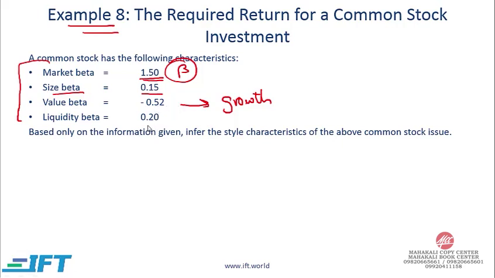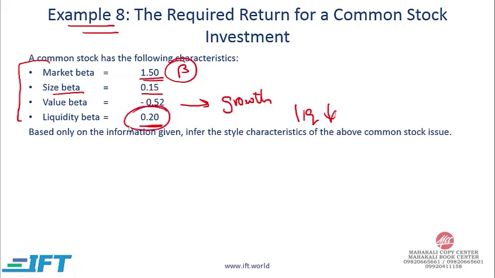And the liquidity beta is 0.2. This means that the liquidity of the stock is relatively low. Again, connecting with the previous slide, when the liquidity is low, then investors will demand a higher return.